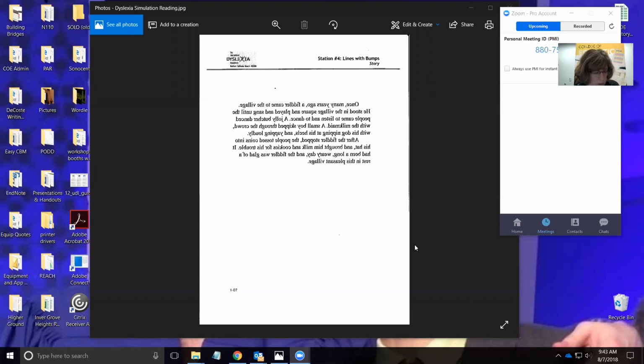So the next thing I want to have you do is jot down on a sheet of paper some of the things about this story. Could you tell me who the characters are in the story? You can pause until you want the answer.